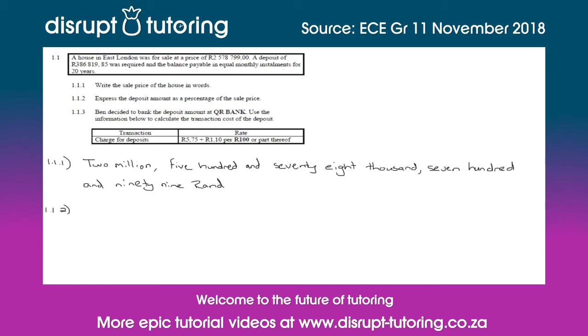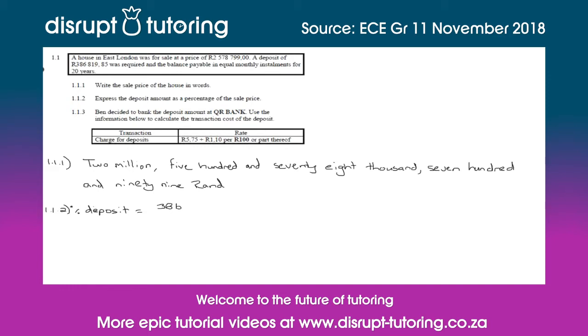So for this question, 1.1.2, your percentage deposit is going to be this number here divided by this number, and then multiply by 100 to get it into percentage. So the deposit is what we're focusing on.